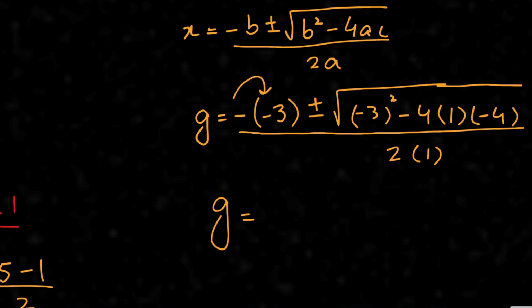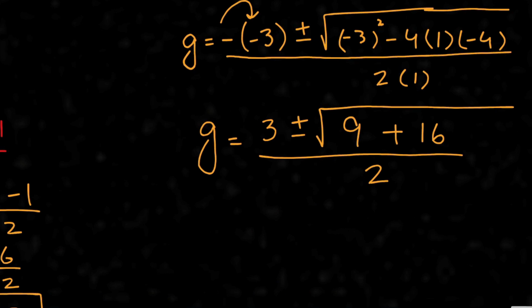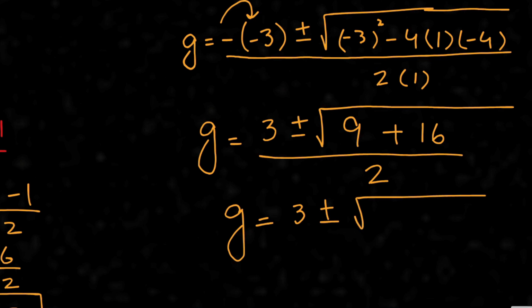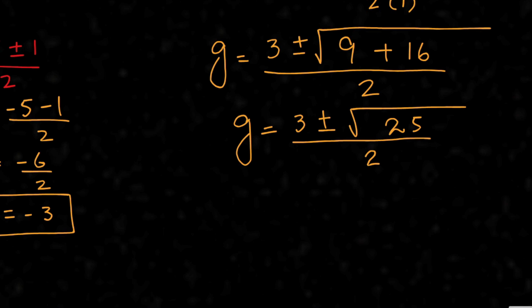Minus into minus becomes plus. So plus 3 plus minus radical 3 square is 9, minus minus plus 4 times 4, that's 16, and all of it divided by 2. So g equals to 3 plus minus 9 plus 16, which is 25.